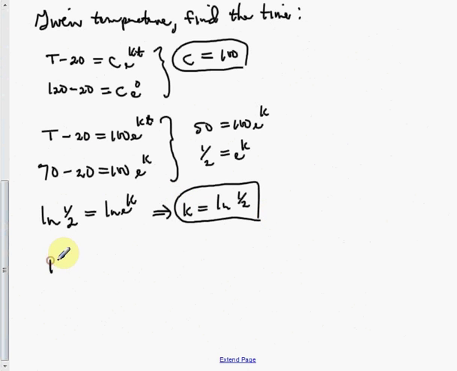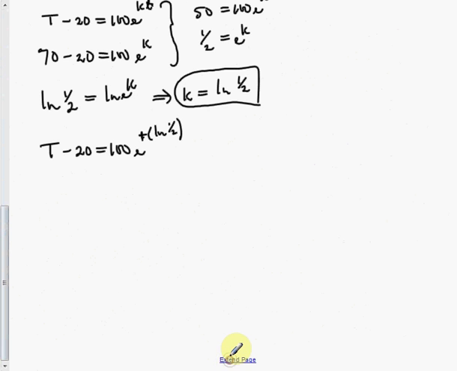So here's the formula. T minus 20 is equal to C, we got that to be 100, times e to the k times t. So this is t times the natural log of 1/2. Now, isn't this the same thing?